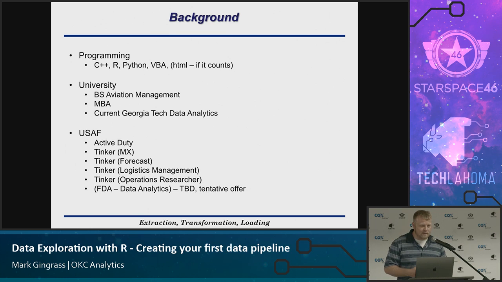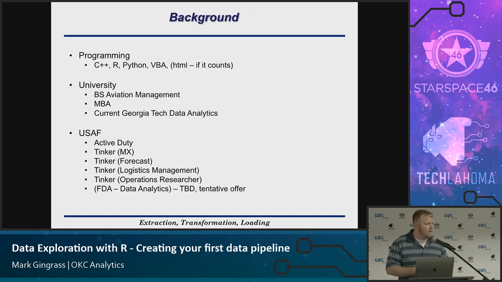So I've got a bachelor's degree in aviation management, an MBA degree, and I'm now pursuing a Georgia Tech master's in data analytics. I have a lot of computer science background and math background, but I never got a STEM-related degree, so I'm excited to actually pursue something that I can call a STEM degree. I was active duty for the Air Force fixing electronics.